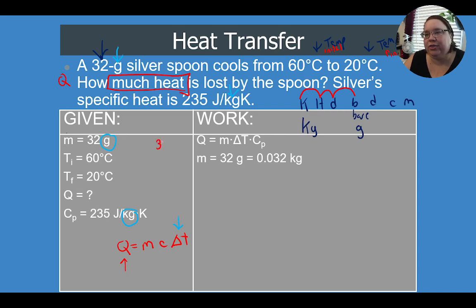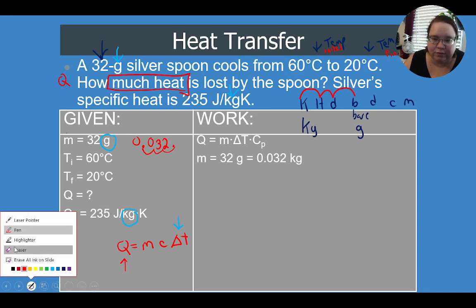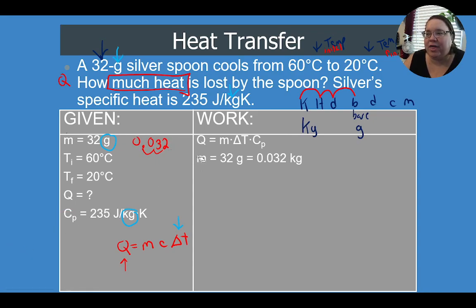So right now, 32, my decimal's right here. 1, 2, 3 places to the left, and I fill in my zeros around my new location for my decimal. So that's how that 32 turned into 0.032. You're going to need to check your units.